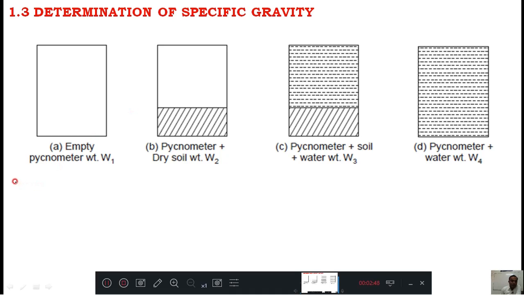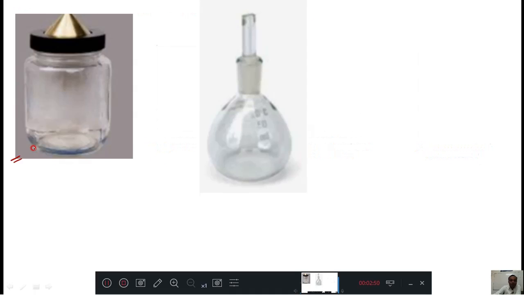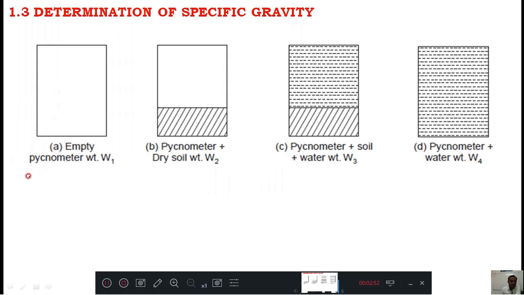The procedure is very simple. You take a pycnometer, make it empty, dry and clean, and measure that as W1. Then after that put oven dry soil. This is very important: it is oven dry soil you need to put inside.